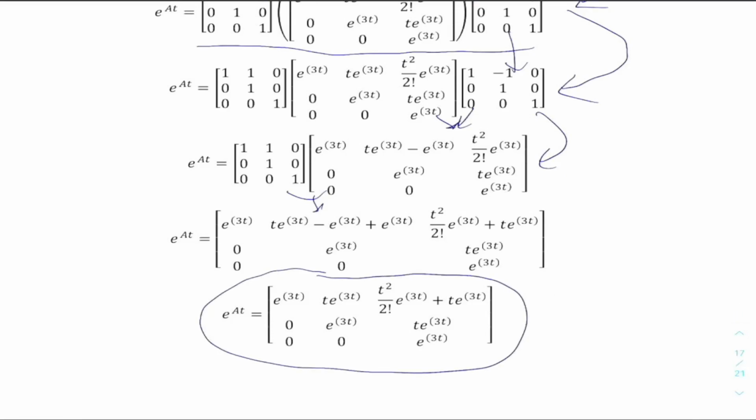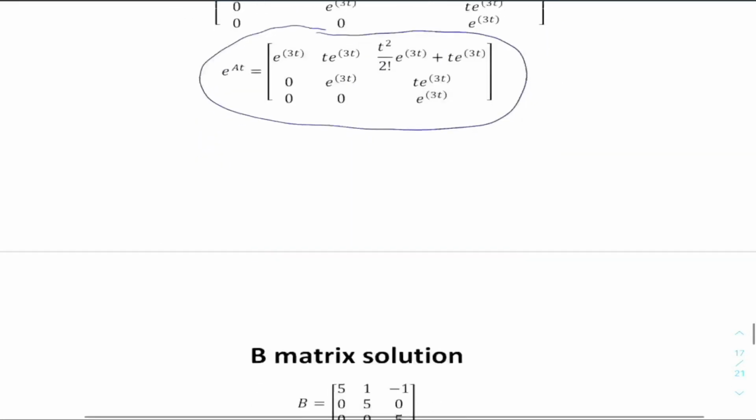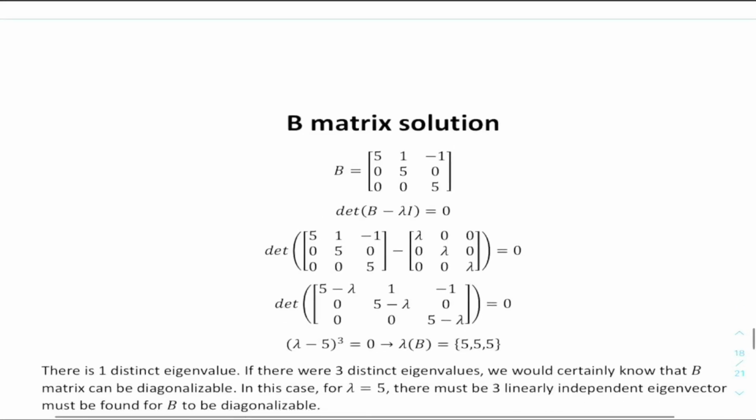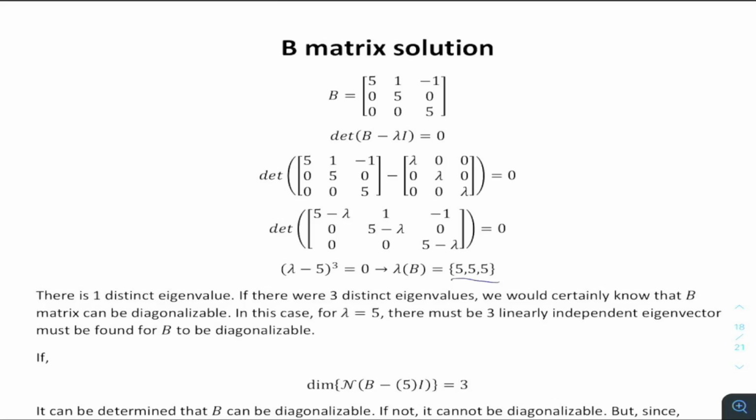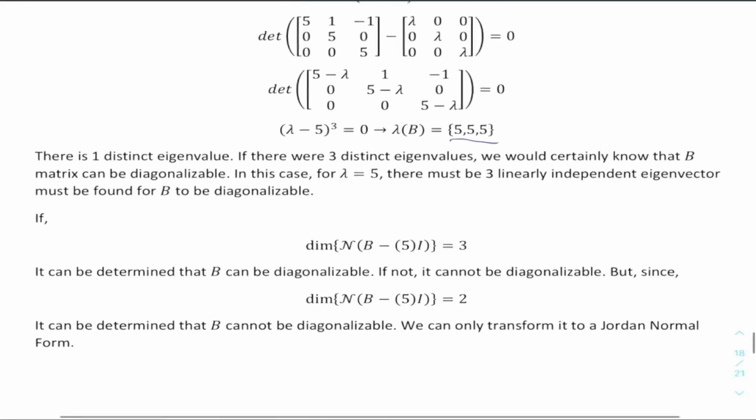Okay, so let's focus on the B matrix, right? And again, let's check eigenvalues 5, 5, 5. Of course, there are not even two distinct eigenvalues in the spectrum of the B matrix, right?